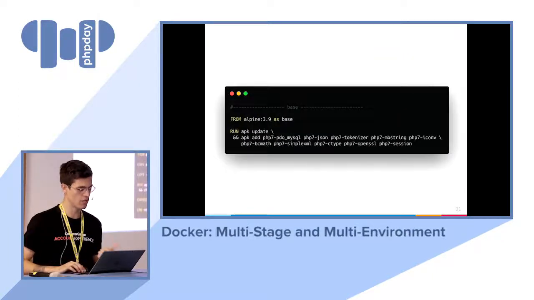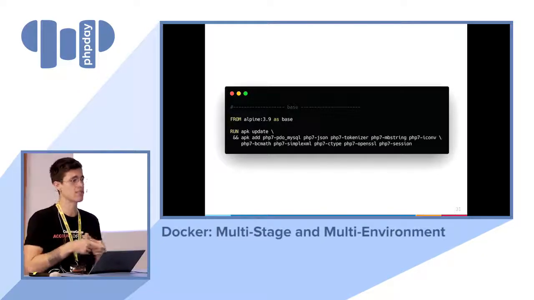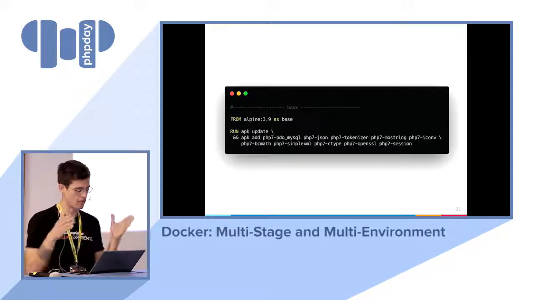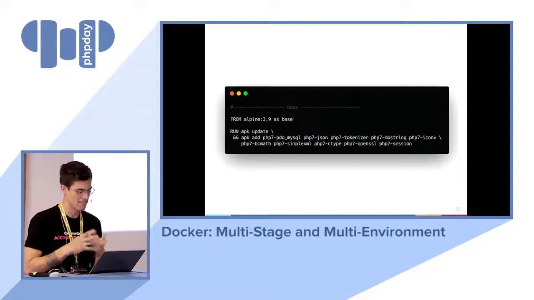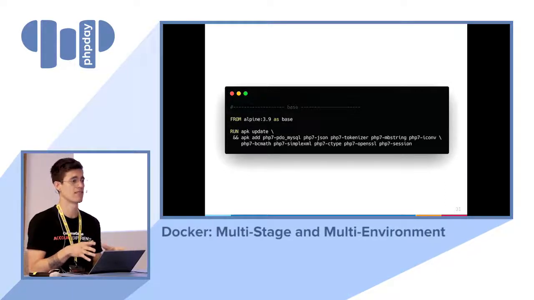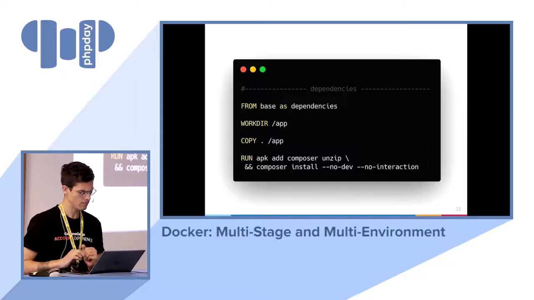But if we go deeper here, we'll see. Now I'm splitting, saying, okay, I need JSON, I need mbstring, I need SimpleXML. Those are Laravel dependencies because we are running a Laravel project. So we need these dependencies.